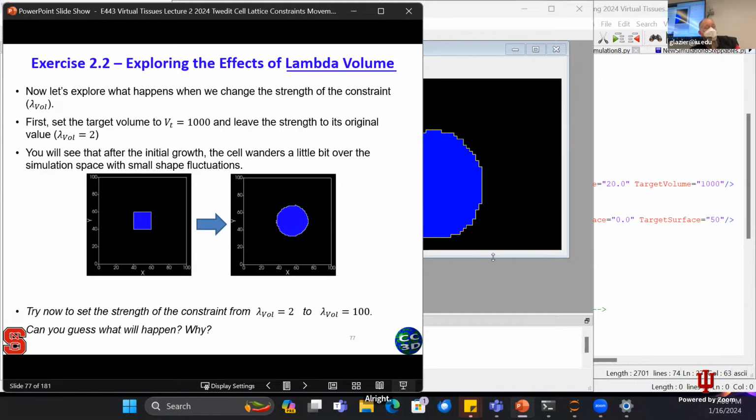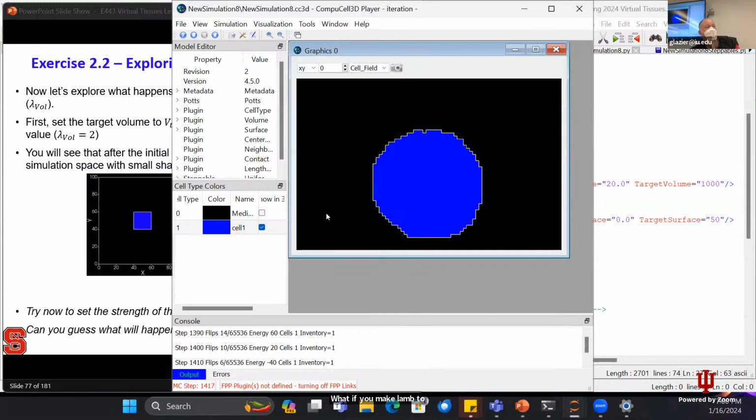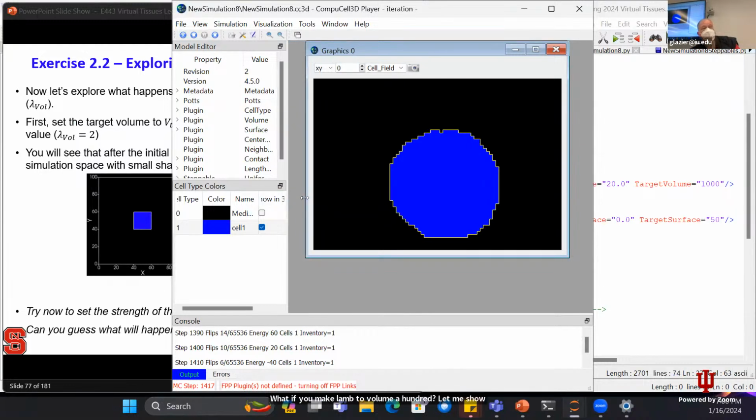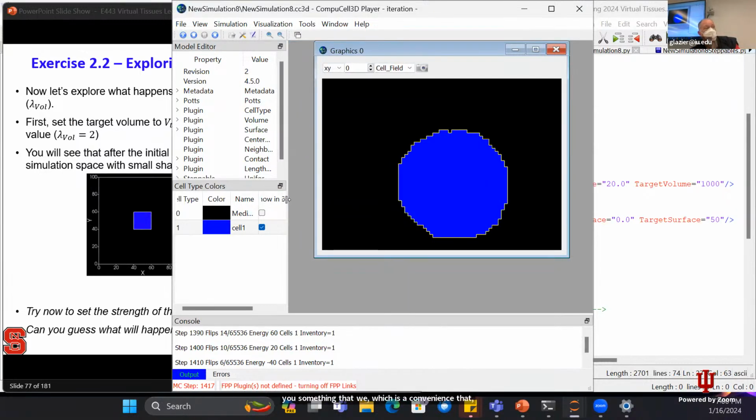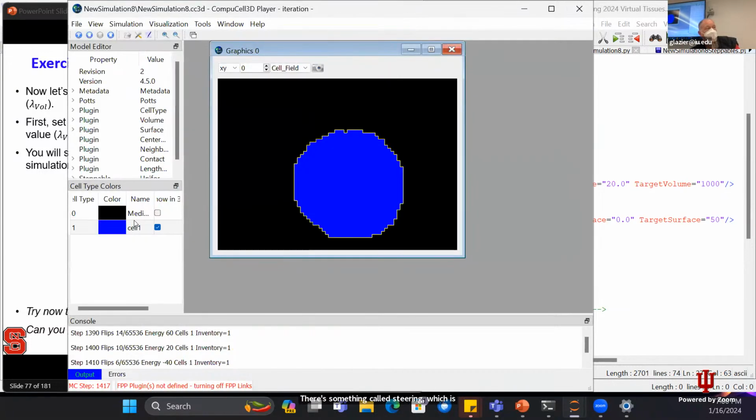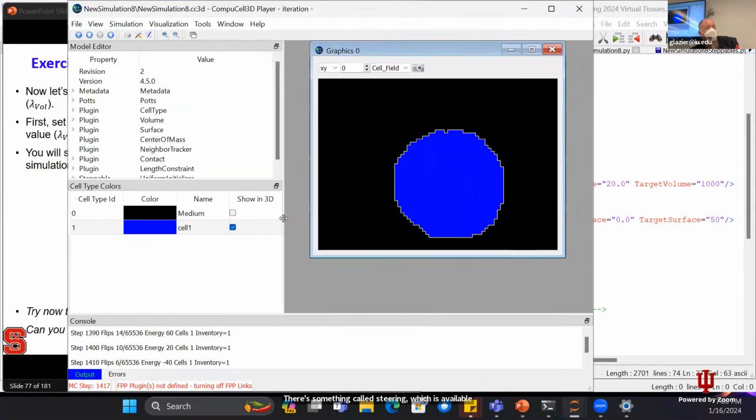Let me show you a convenience: instead of editing the file, which we've been doing, there's something called steering, which is available inside of Player. If you see here where it says Model Editor, if I scroll through Model Editor, I will see Plugin Volume.